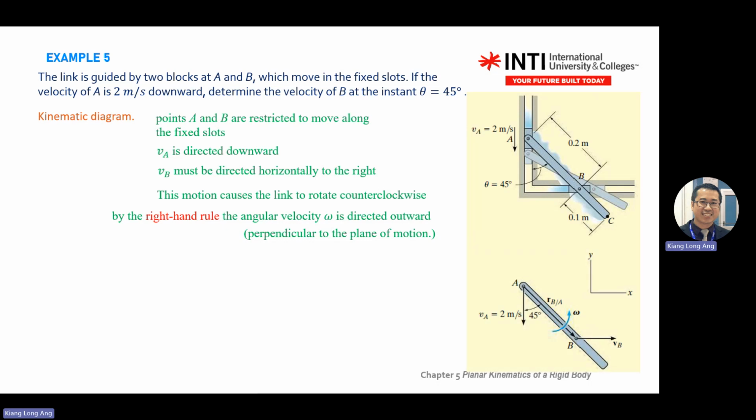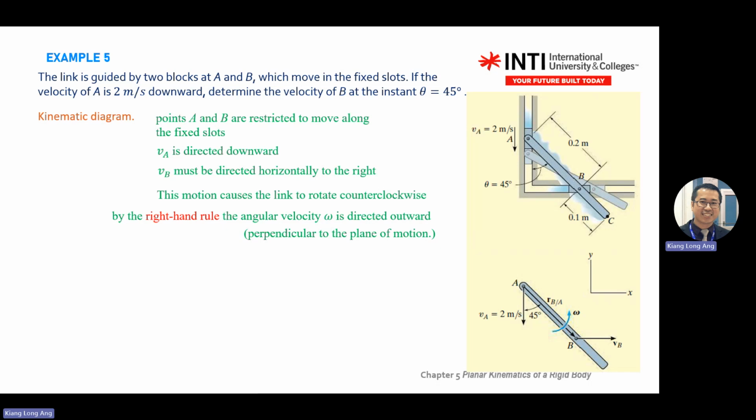So basically, when you look at the rod, omega is anti-clockwise, V is moving down, and you have A and B here. You are focusing on B. So your R_B/A, the direction of the vector points to B, V_B this way, V_A this way.